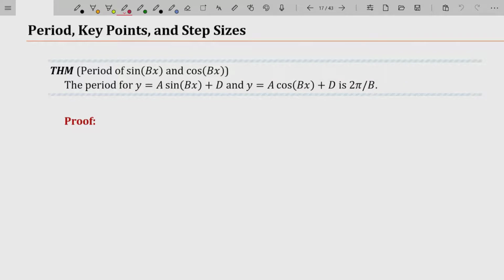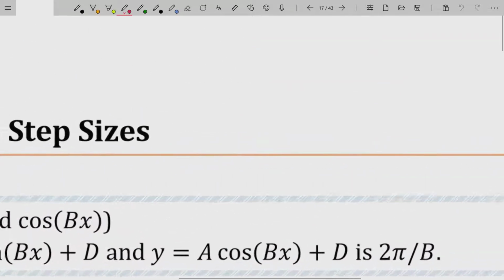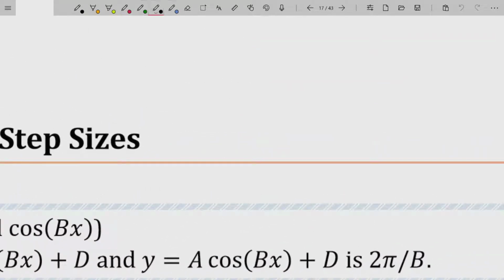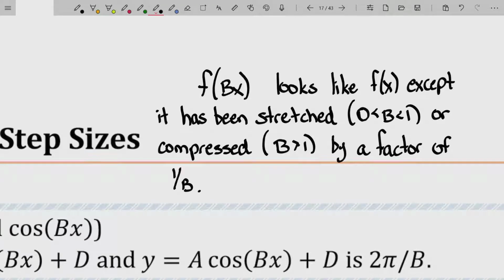By the way, we happen to know from our prerequisite material that f of bx looks just like the function f of x, except it's been stretched or compressed horizontally, by a factor of 1 over b. That should be from your prerequisite material.